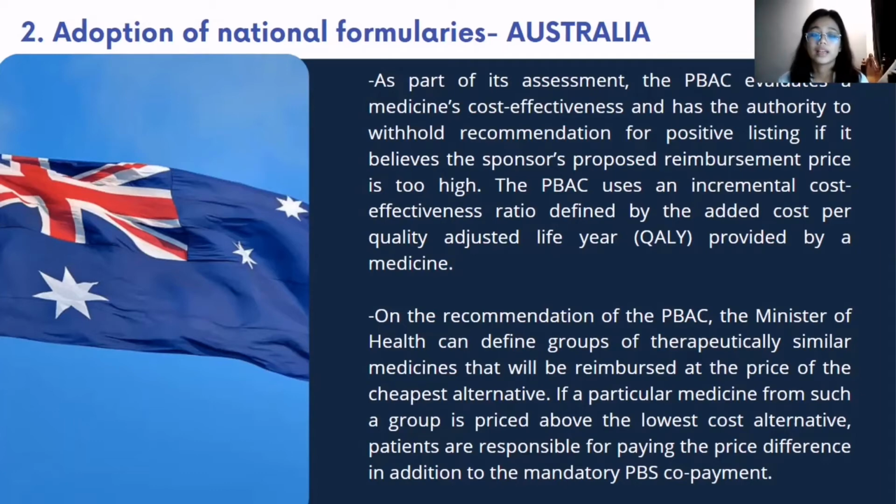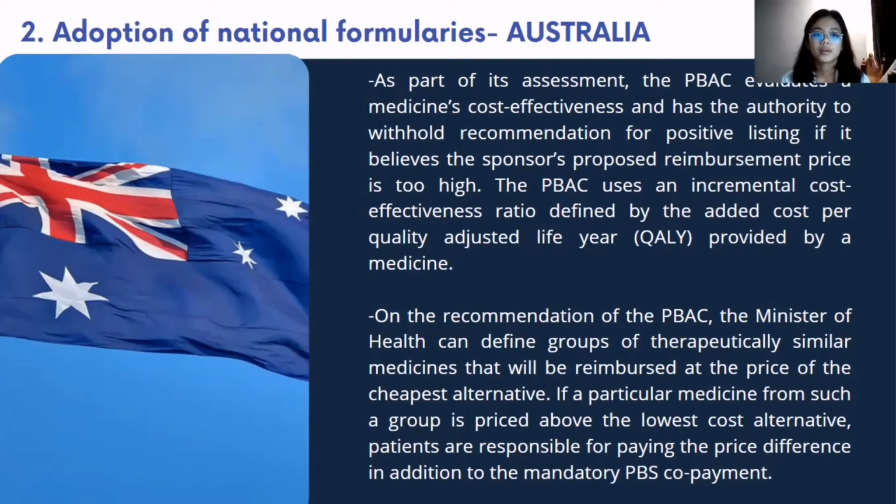Again, for example, there are two drug products that are therapeutically the same, but one is more expensive and the other one is cheaper, but it has the same effectiveness.